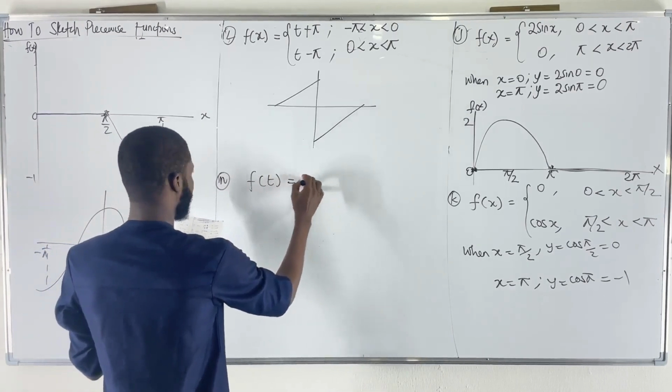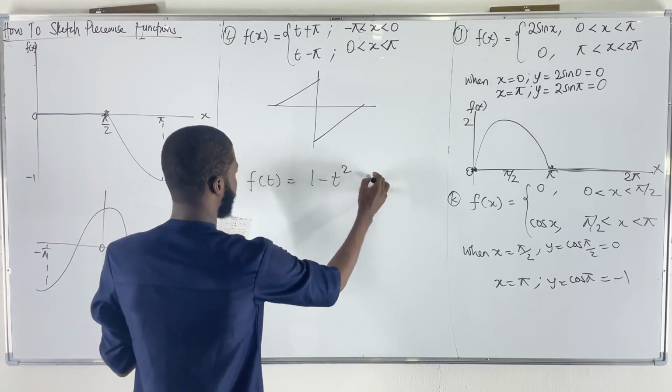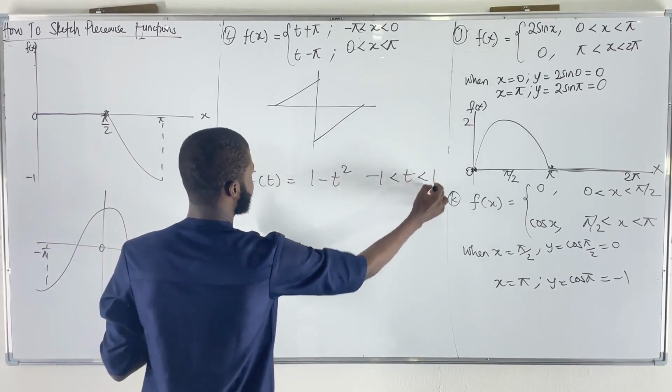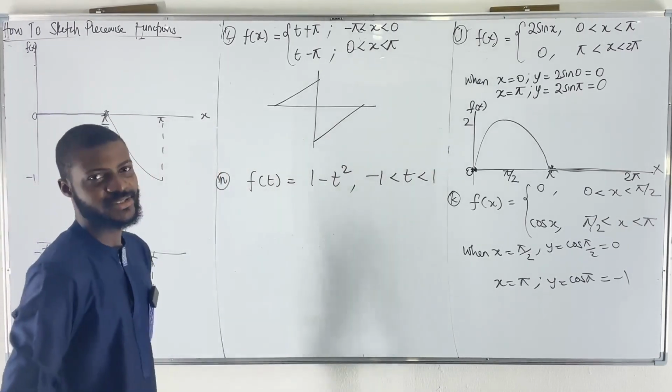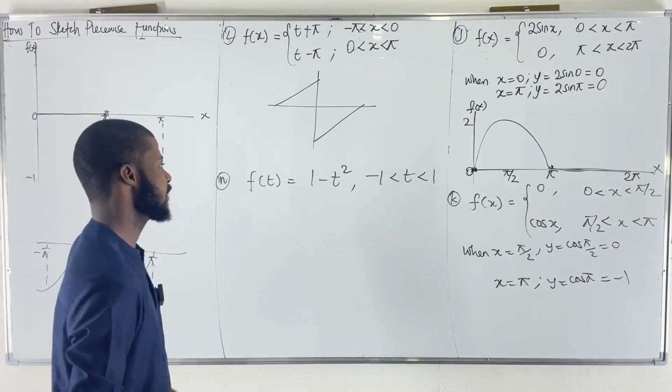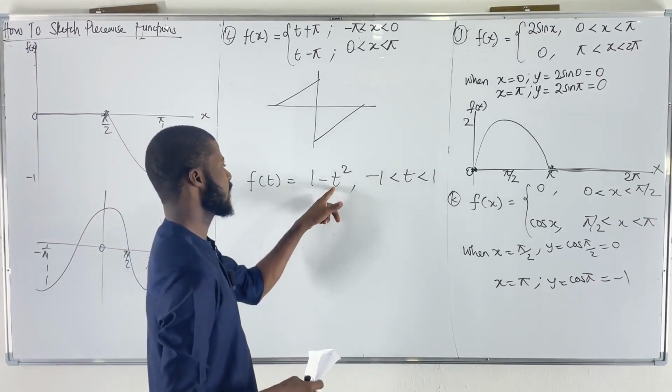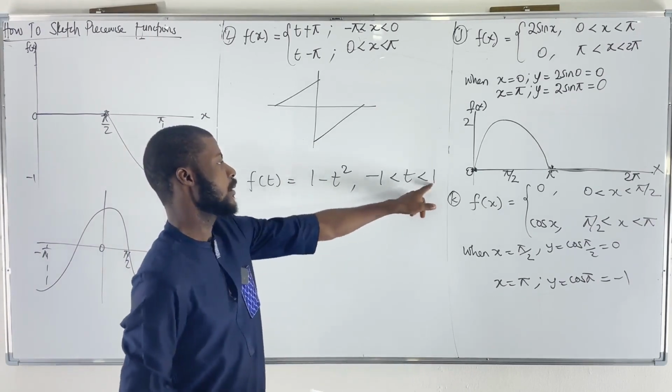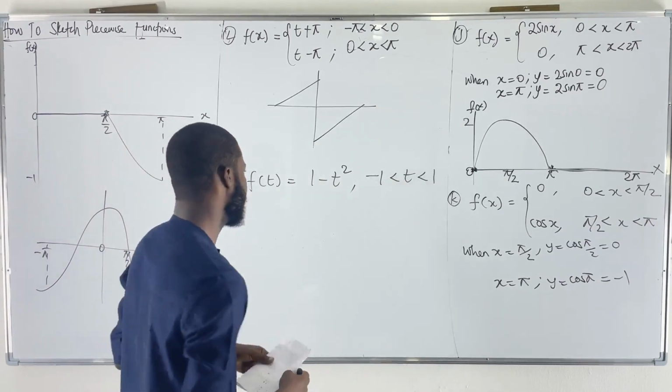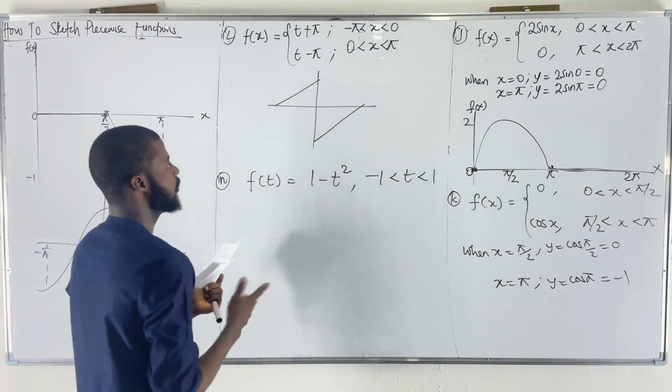F of t is 1 minus t squared, from minus 1 less than t less than 1. This is actually the easiest to draw. Do you know why? If you solve this quadratic, your answer is minus 1 or 1. So let me show you how.